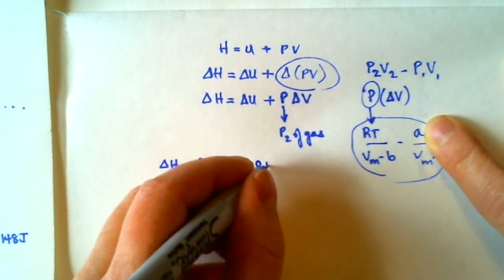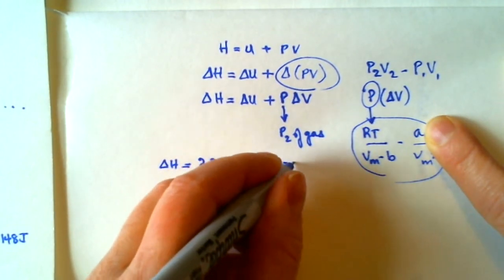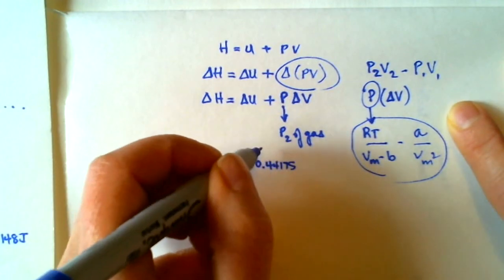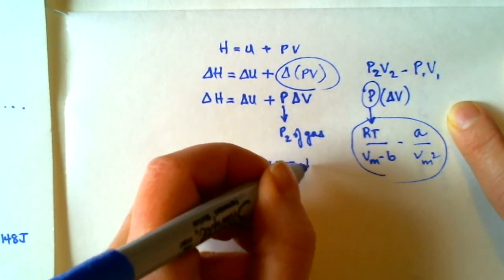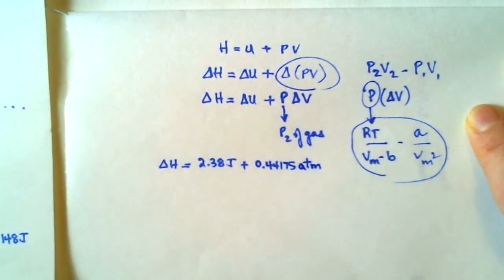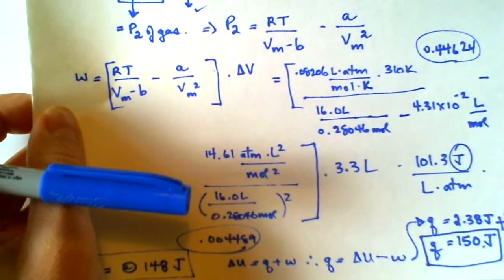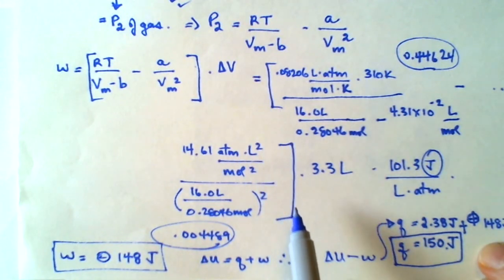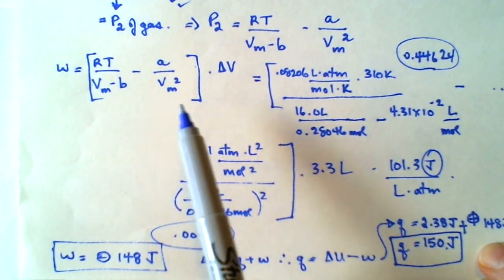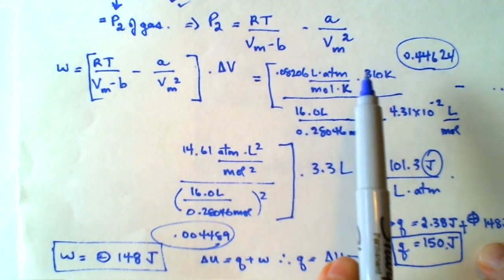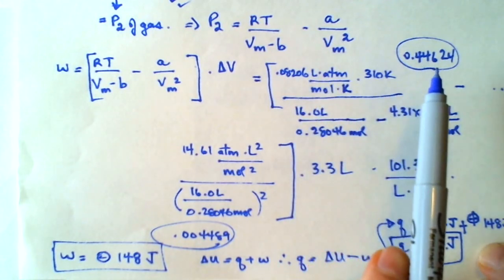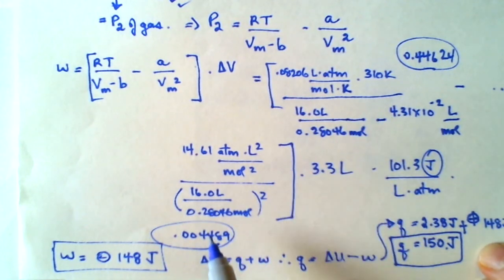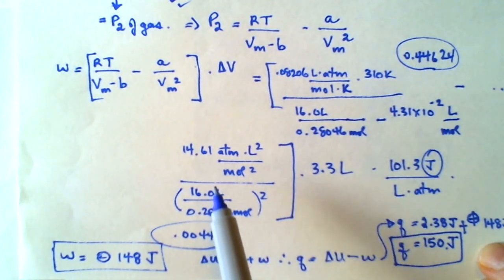was equal to 0.44175. Yeah, I'm carrying all the digits here because they're in the calculator. Atmosphere. Where did that number come from? Right here. Inside the square brackets is P2. And I had written down that the term, 0.44624, the value of that first term, minus the value of that second term.